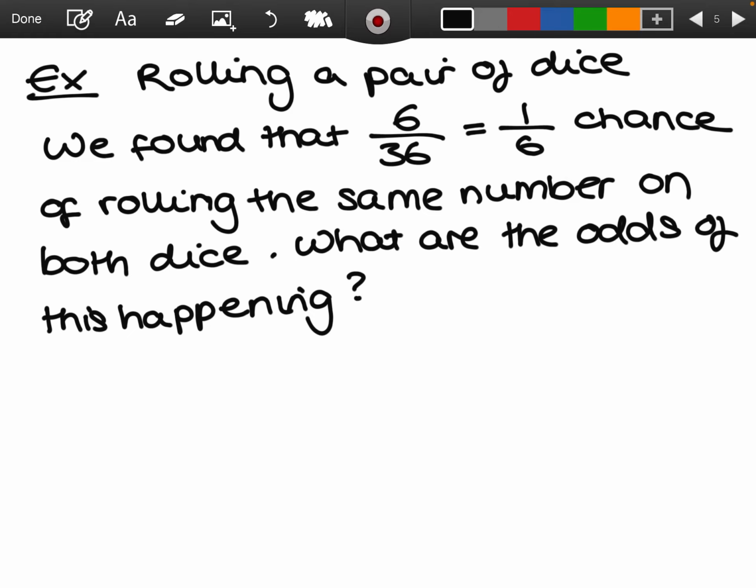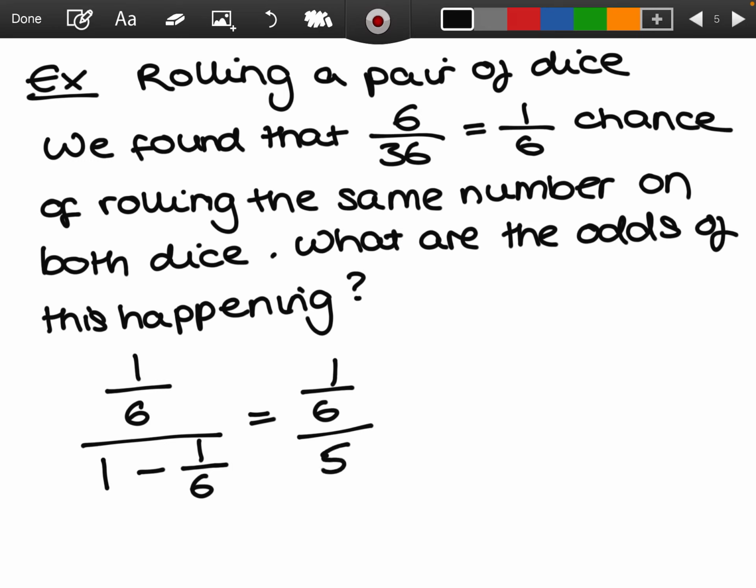Okay. So what we have to do here is we have to do P over 1 minus P. I'm going to keep it with the simplified version here, which was 1 over 6. So P divided by 1 minus P. That would be 1 over 6 divided by 5 over 6. If you flip the bottom fraction and multiply, you get 1 over 5.